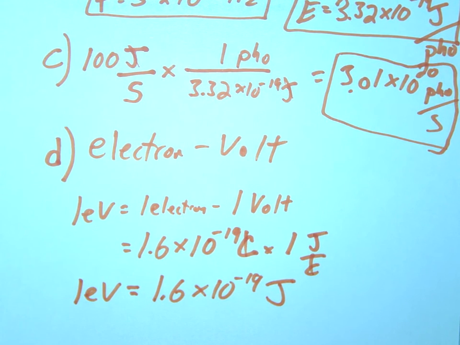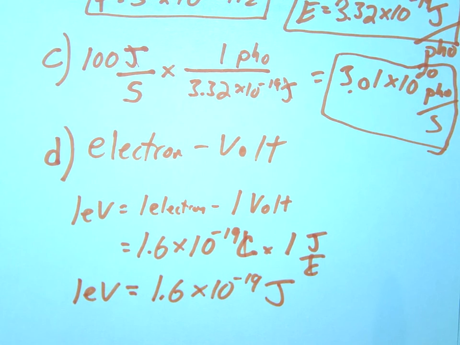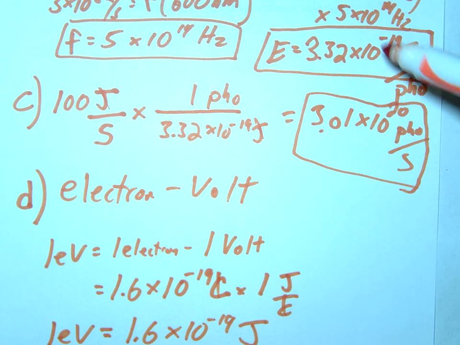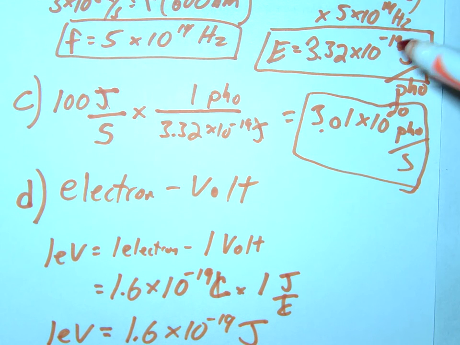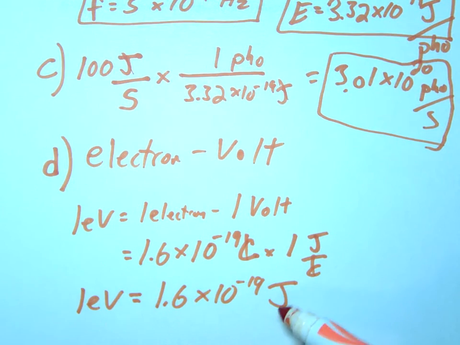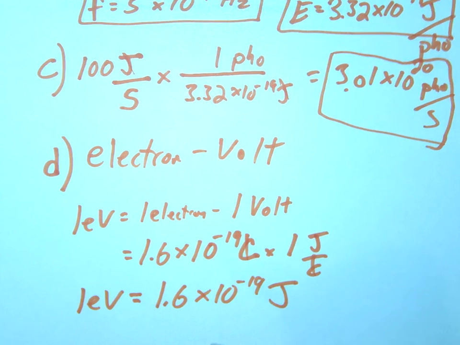So the reason that we use this electron volt unit is if you go back and look at the energy per photon up here, 3.32 times 10 to the negative 19, this is a very, very small number. And so this just helps give us more reasonable numbers to work with. So for example, let's go ahead and calculate this out.